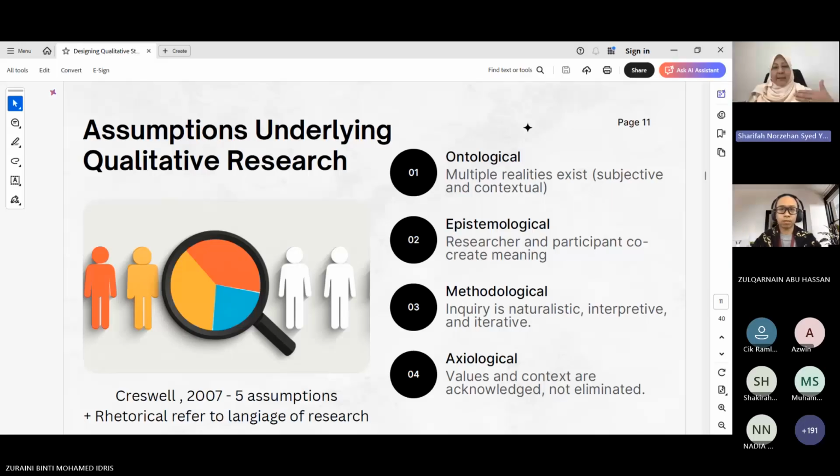And another one is axiological. What does axiological mean? You acknowledge that different participants have got different ideas and values. So you cannot get rid of it. You have to take into consideration the values that they have.